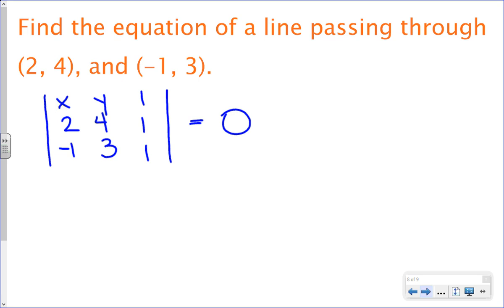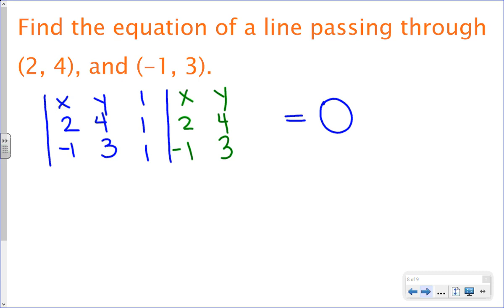So I just picked a generic one, X, Y. Now watch what happens. We know that this needs to equal 0, right? So now we can find the determinant. But when we find the determinant, our products could have an x or a y in them, and that's okay because we are writing the equation of a line.